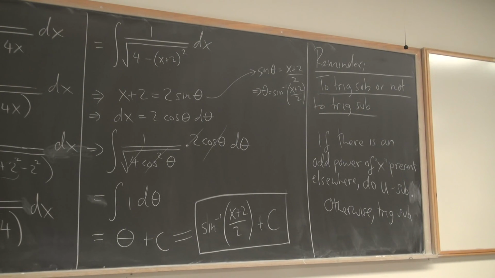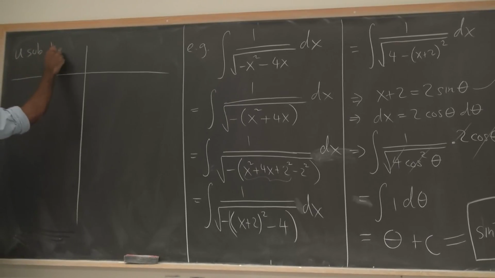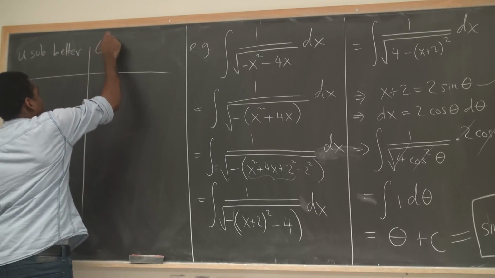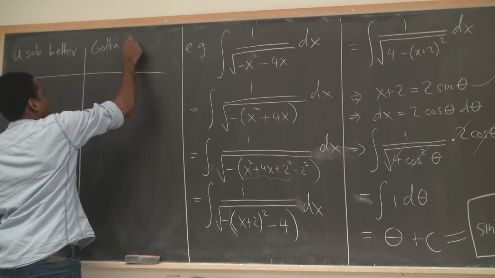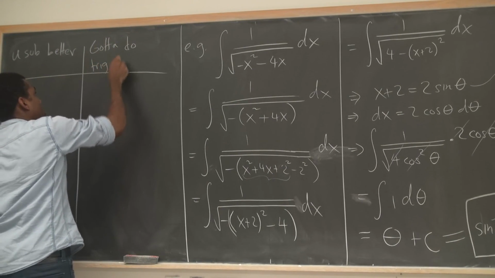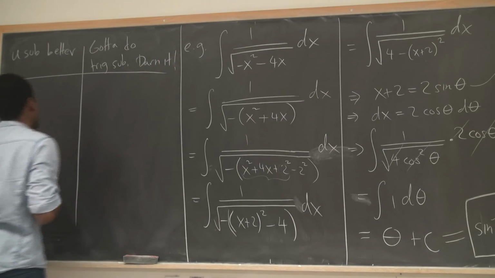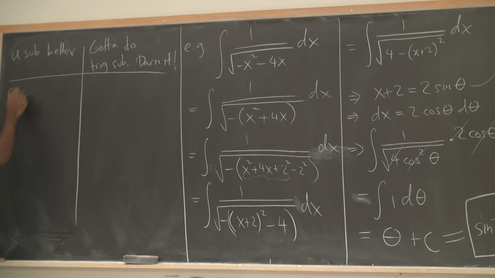So the idea here is something like u-sub is better, versus how to do trig sub. Darn it. So something like the integral of x cubed over the radical of x squared plus 4. Split the x cubed.